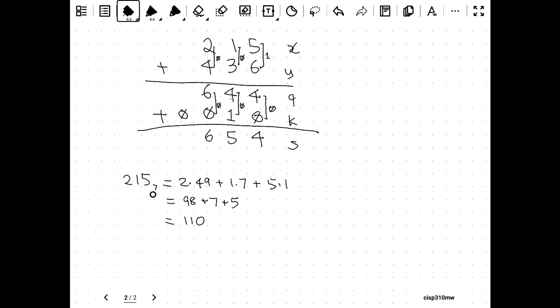When you see a little subscript, that indicates the base that we are using. All right, so we'll work with 436 in a very similar fashion. It's 4 times 49, which is 7 squared, plus 3 times 7, plus 6 times 1. So that turns out to be 196 plus 21 plus 6.